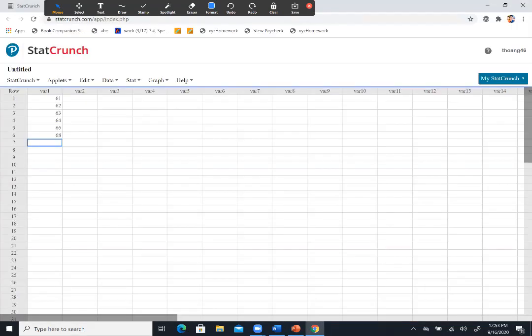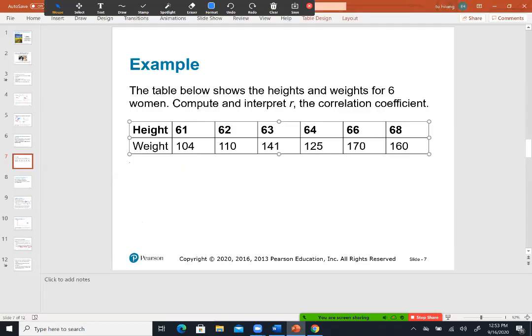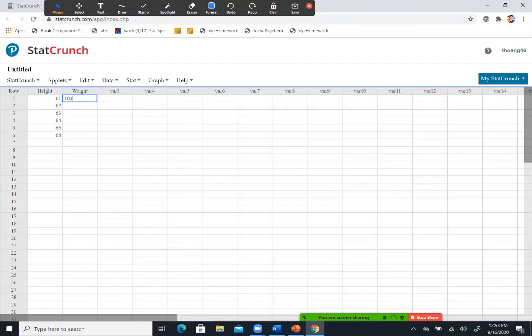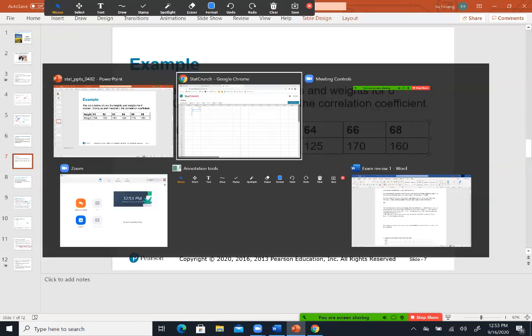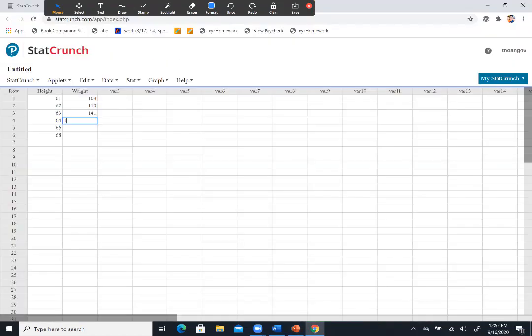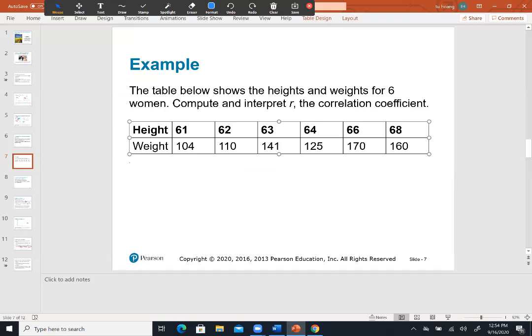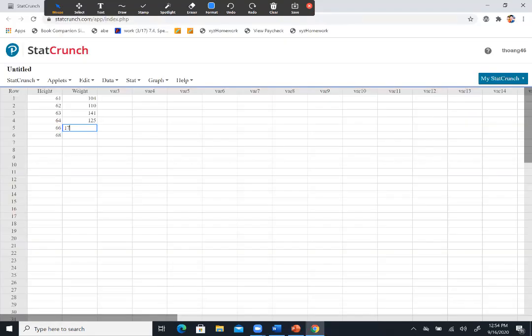And that's for the height. Change this one to height. And this one is weight. So 104, 110, 141, 125, 170, 160. Okay, so that is the first step.